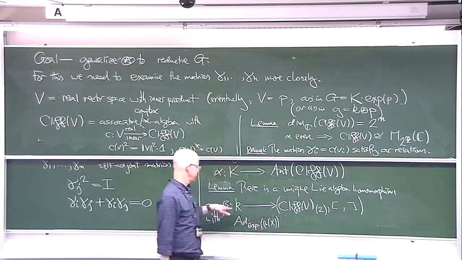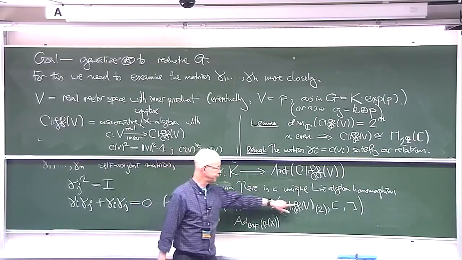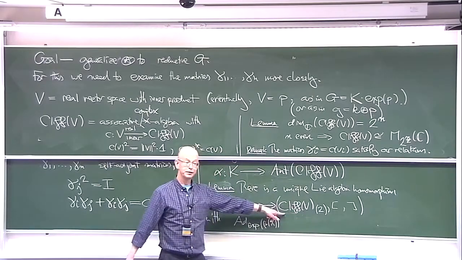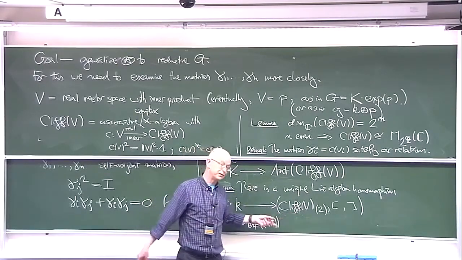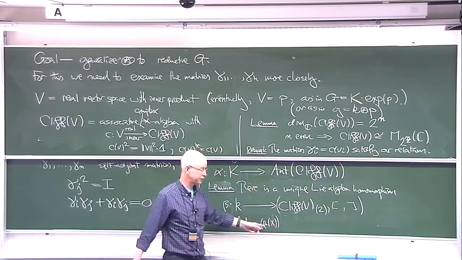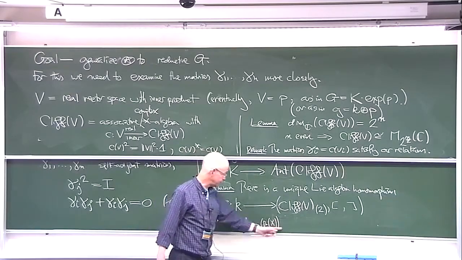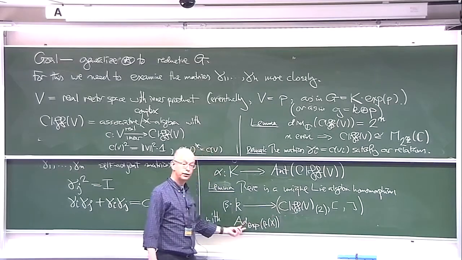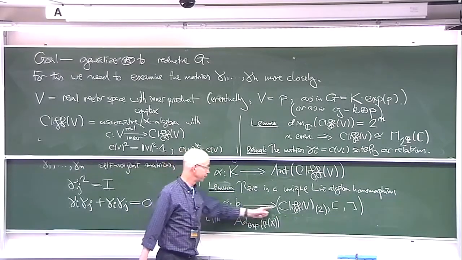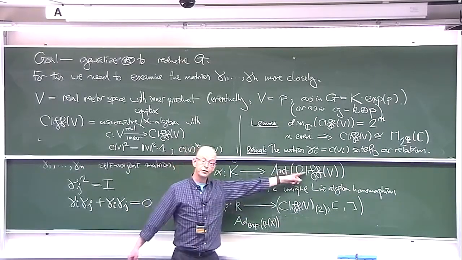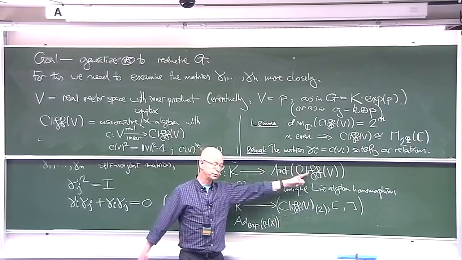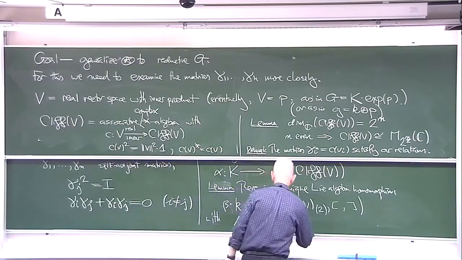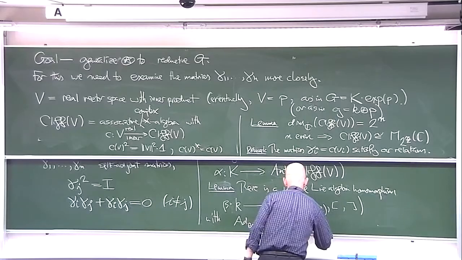So I could take an element here, I could apply beta to it, and now I get an element of this Clifford algebra, and then I could exponentiate it. It's a C-star algebra after all, so I can just take the exponential series. This is now, as it happens, a unitary element in this C-star algebra, and then I could look at conjugation by this unitary element. This whole thing is an automorphism of the Clifford algebra, an inner automorphism of the Clifford algebra. And of course, it should just be alpha of x plus x.